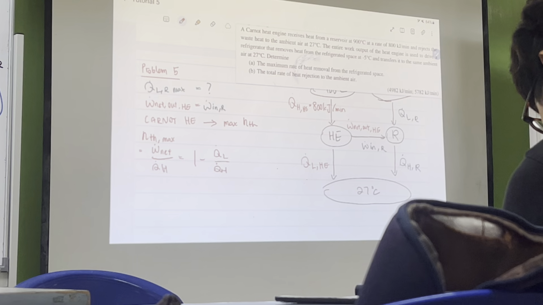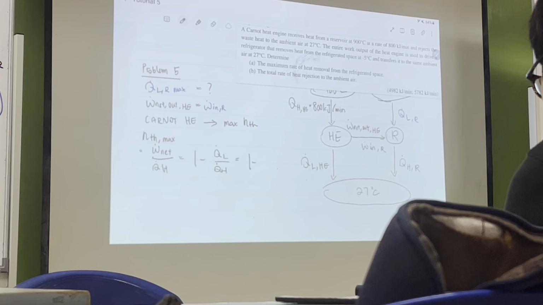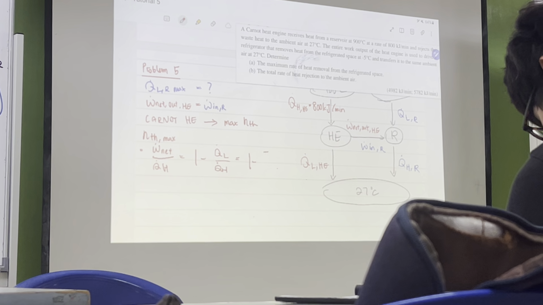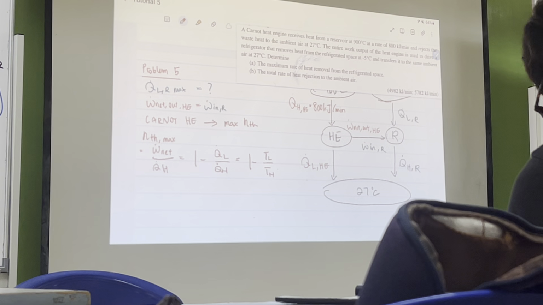Since this is the Carnot heat engine, we also know that you can use QH over QL equals TH over TL, or the other way around, so this is TL over TH.